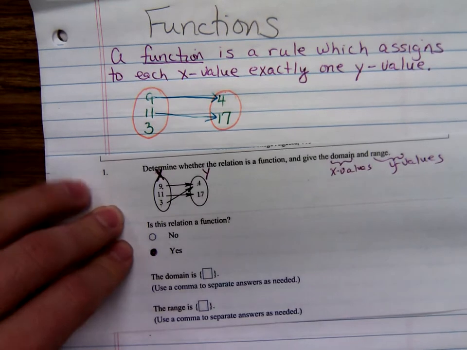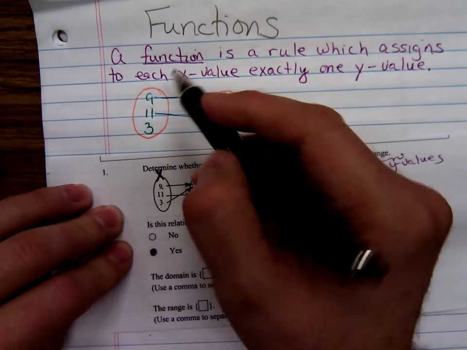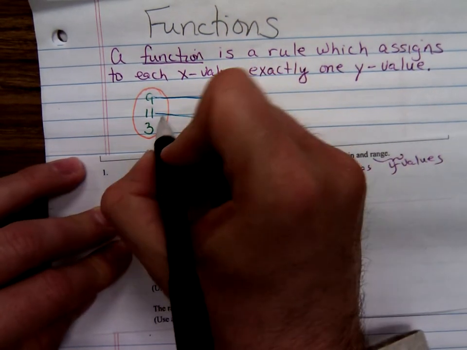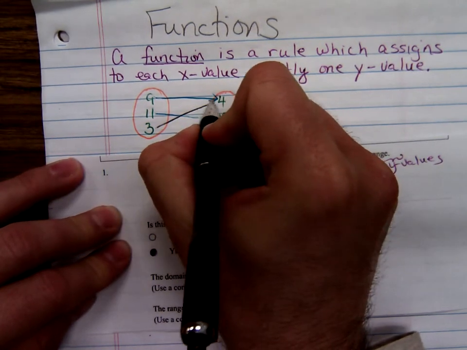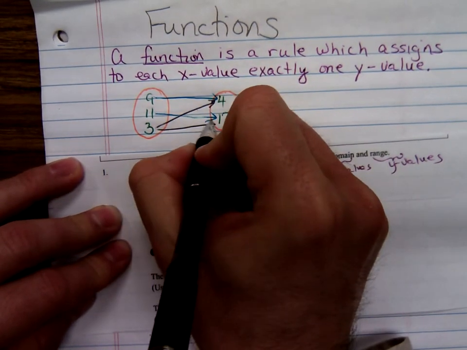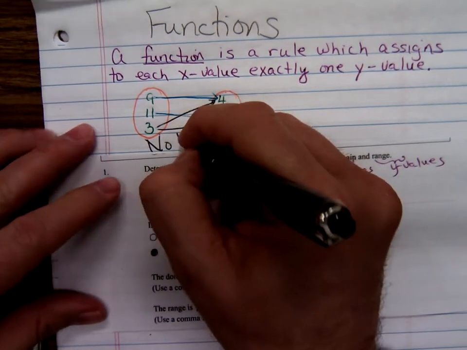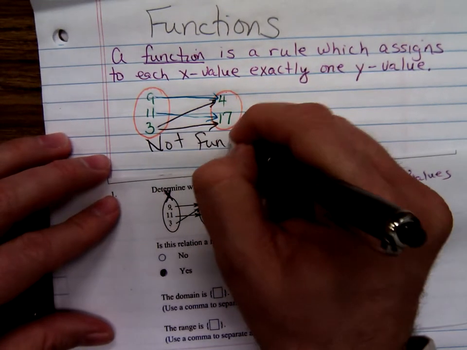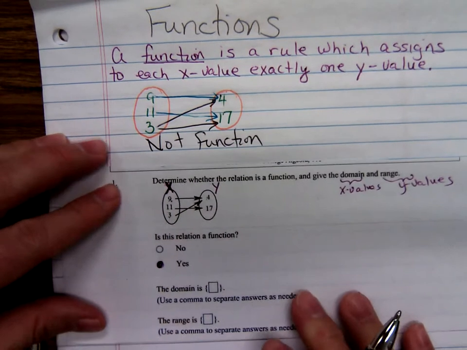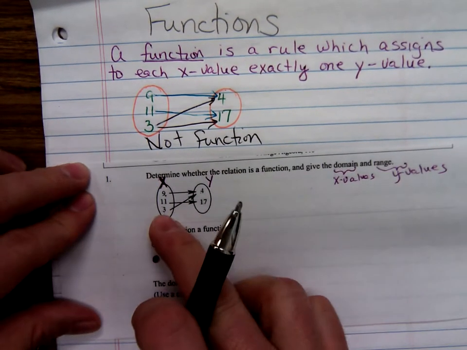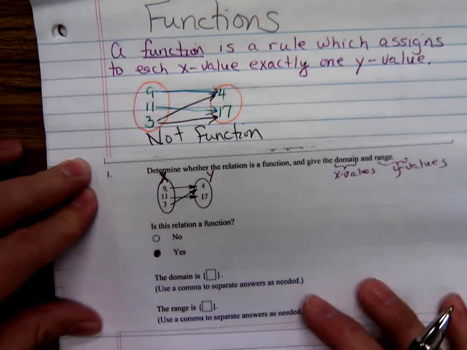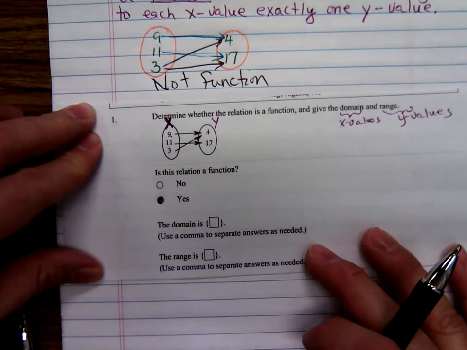If 3 were being assigned, if any one of these, I'm just picking on 3, if 3 were being assigned 2 different y values, then there's one that's not a function. Where's one that is a function? Well, right below it. Let me move this up a little.